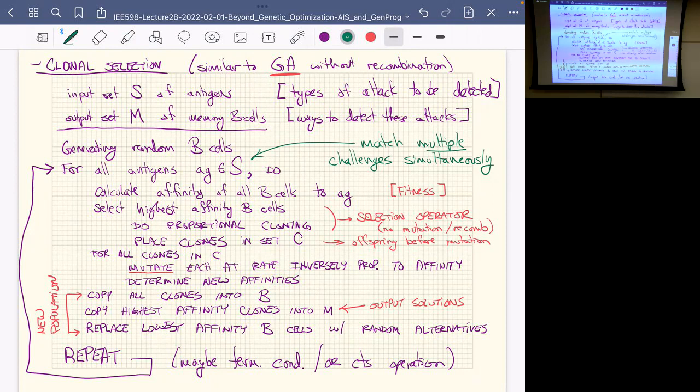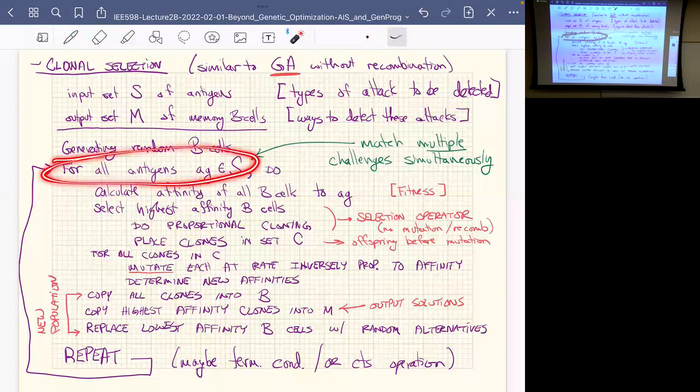Let me see if there are questions online here. So the affinity is tested against all antigens for a particular B cell. We have to compare all antigens against the B cell before coming up with the affinity score. This loop loops over all antigens one at a time, and this repeat here is kind of repeating the for loop.